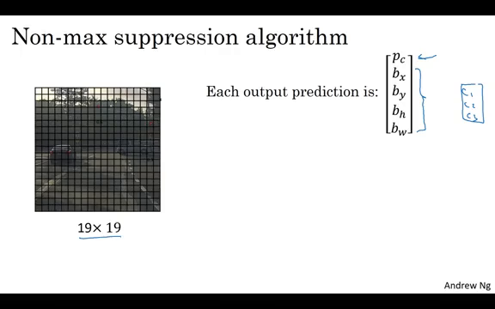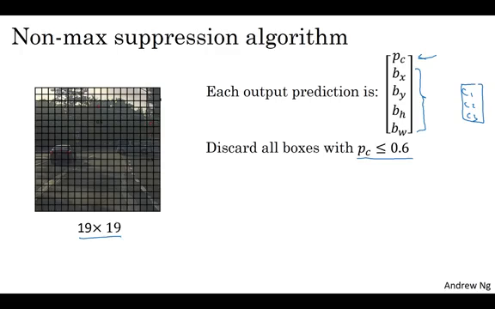Now, to implement non-max suppression, the first thing you can do is discard all the predictions, all the bounding boxes with PC less than or equal to some threshold, let's say 0.6. So we're going to say that unless you think there's at least a 0.6 chance that there's an object there, let's just get rid of it.